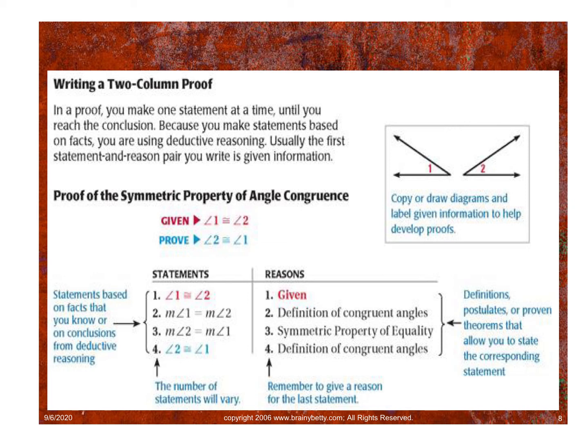Now, for this proof that's here, they started out by giving us that angle 1 was congruent to angle 2. But they wanted us to show the reverse, that angle 2 was congruent to angle 1. They went through the process of changing the congruent to an equal sign.